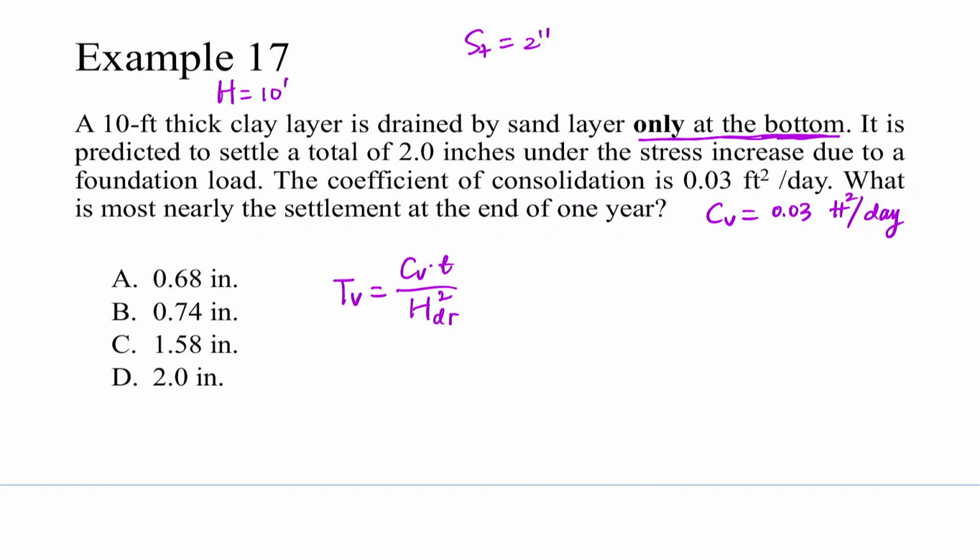H_dr is not H. By definition, H_dr is the maximum length of the drainage. If you have a single drain, which is the case over here, let's say this is the clay layer, and the water can only drain from the bottom.